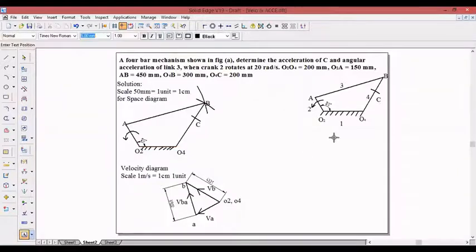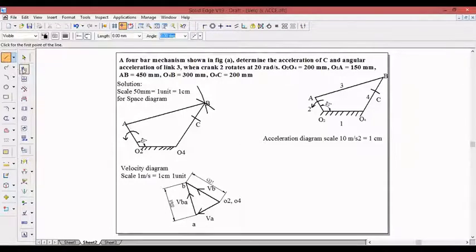So let us move on to the acceleration diagram part. The scale we have taken is 10 meters per second squared equal to 1 centimeter. To start, we know the radial component of O2A.